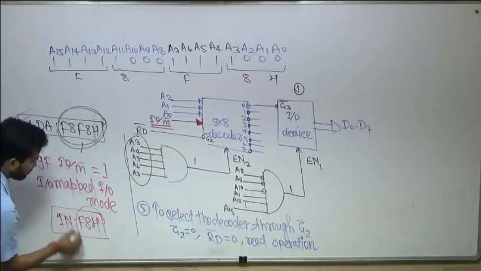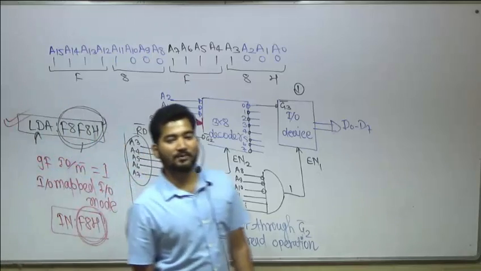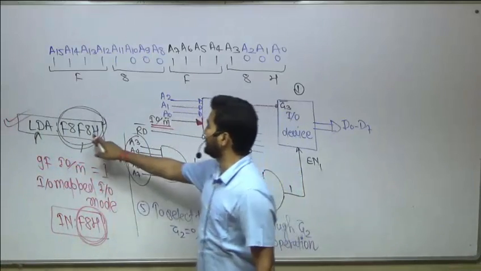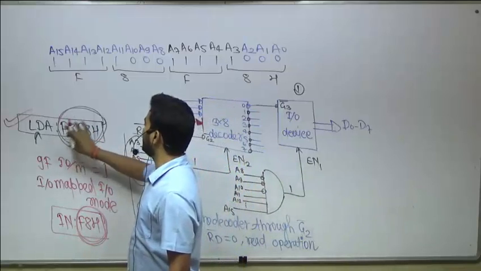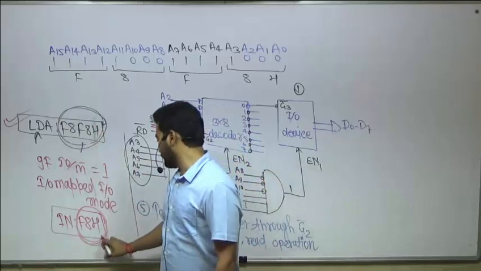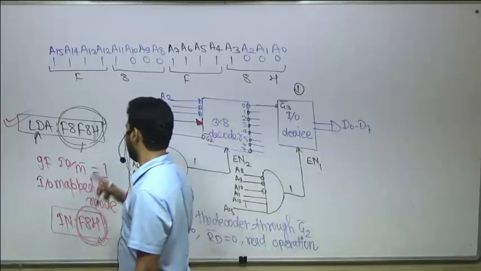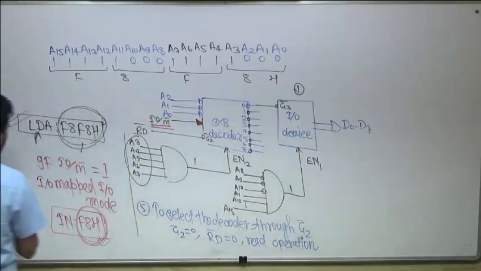Here, we have written the lower 8-bit address. If you check the 16-bit address, the lower 8-bit and higher 8-bit addresses are the same, but you need to mention only the lower 8-bit address if it is connected in IO mapped IO mode.